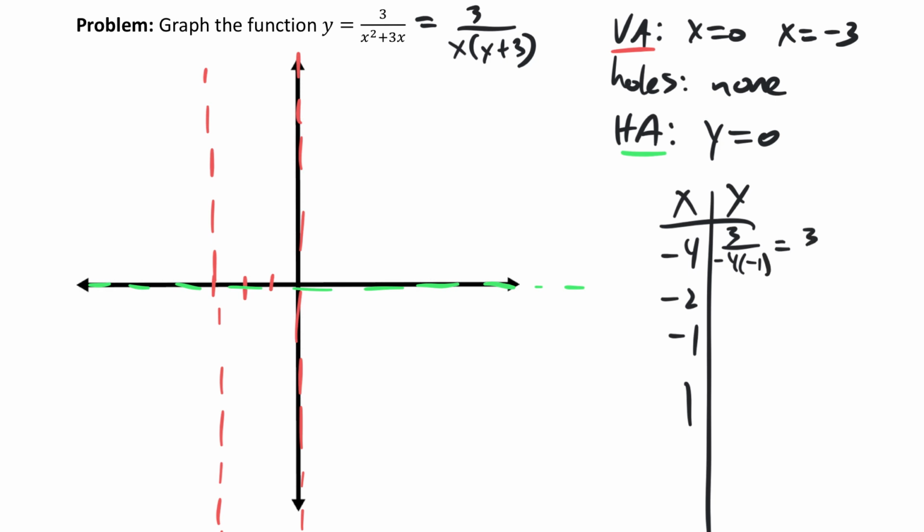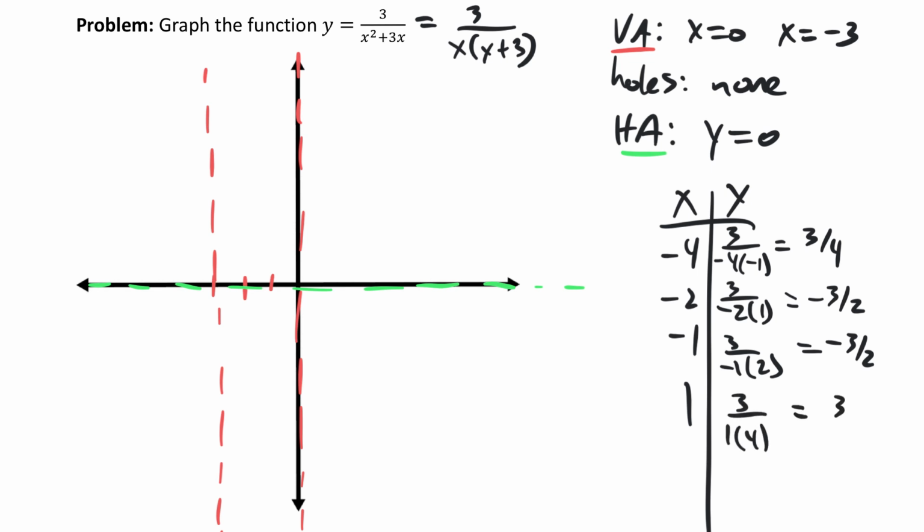So that's 3 over 4. At -2, we're going to have 3 over -2 times 1. So -3 over 2. At -1, we'll have 3 over -1 times 2. -3 over 2. And at 1, we'll have 3 over 1 times 4. So 3 over 4.